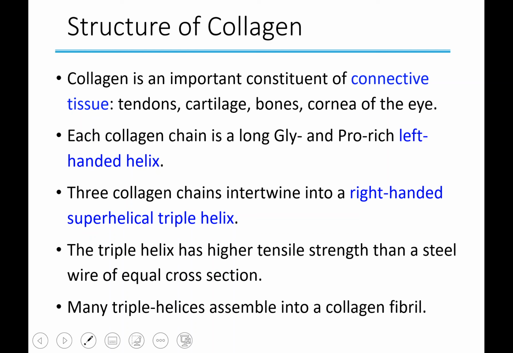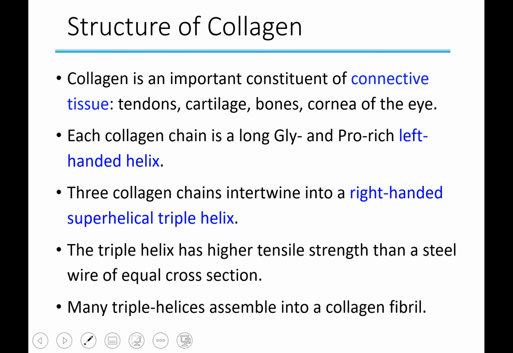Okay, moving on to collagen. Collagen is important in connective tissue, so things like tendons and cartilage. The collagen chain is a long helix, but it's a little bit different. It's a left-handed helix.